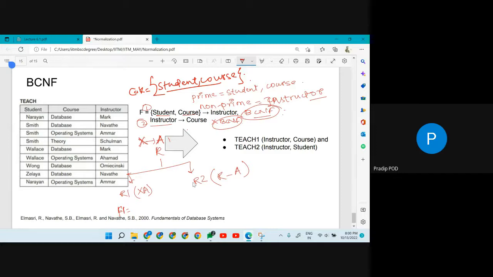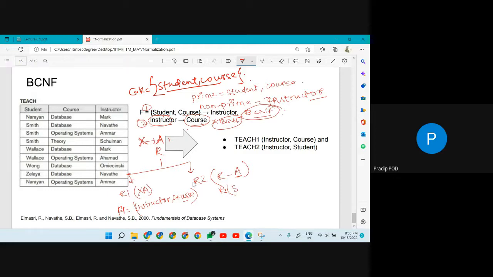So here R1 is instructor and course, F1 is instructor to course, and R2 will contain the attributes R minus A. A is your course. Except course, all the attributes should be there.